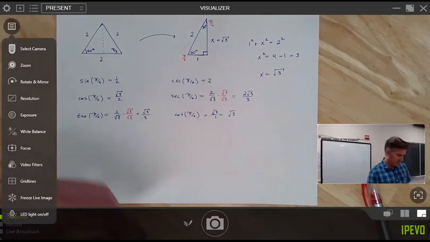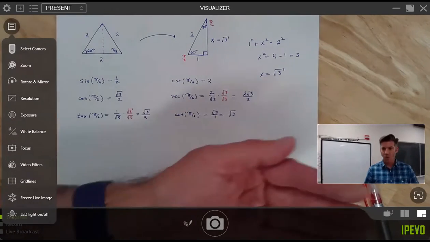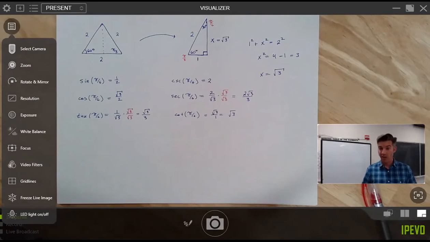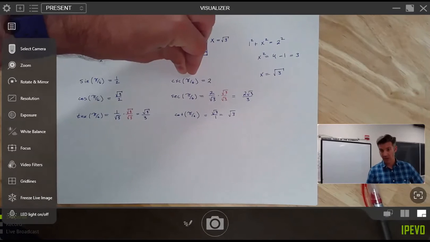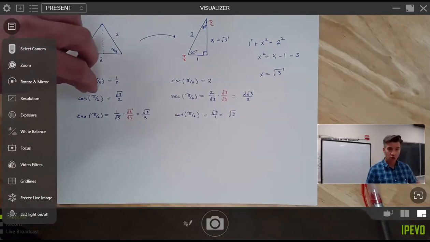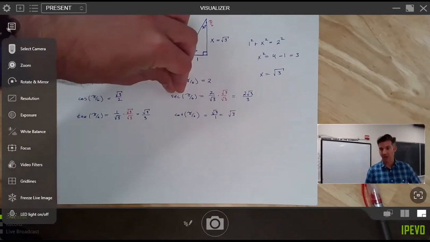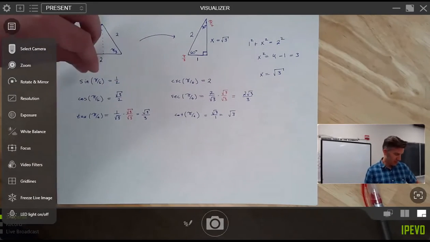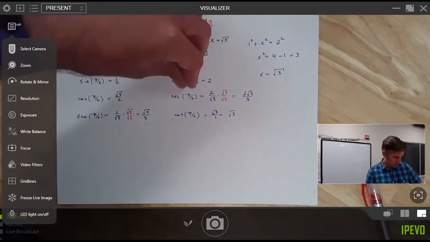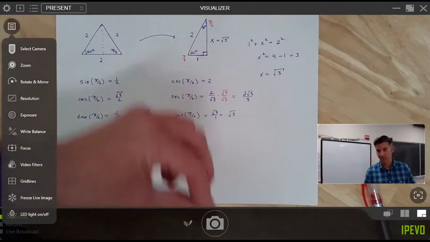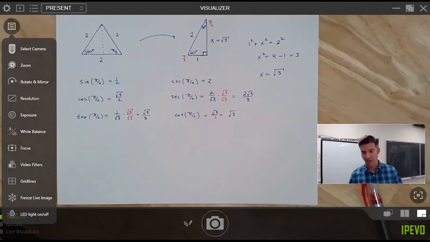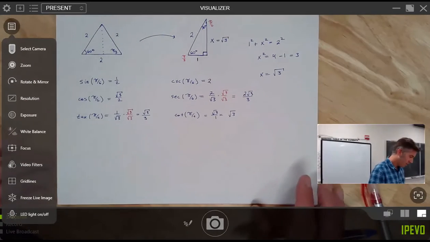I remember that each pair of reciprocals, one of them starts with a co. So sine and cosecant go together as reciprocals, and cosine and secant go together. So each pair, there's a non-co and a co. It's not the most intuitive thing ever, but it's something I've definitely noticed over the years. So I just thought I would mention it.